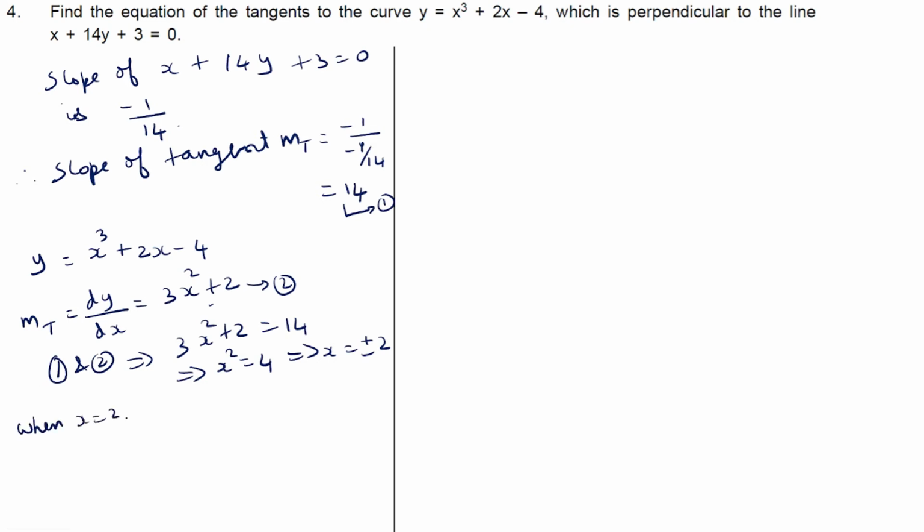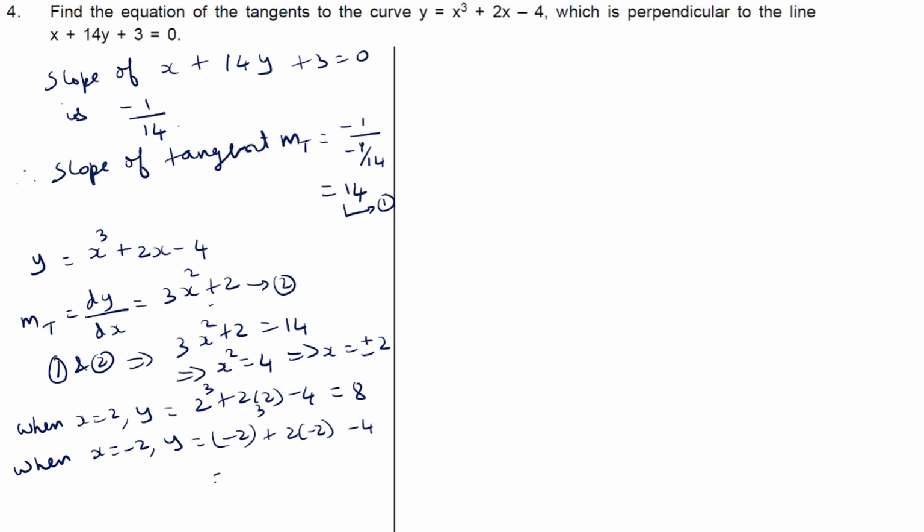When x is equal to 2, y is equal to 2 cube plus 2 into 2 minus 4. So it is 8. So one of the points is 2, 8. The next point is when x is equal to minus 2, y is equal to minus 2 the whole cube plus 2 into minus 2 minus 4.